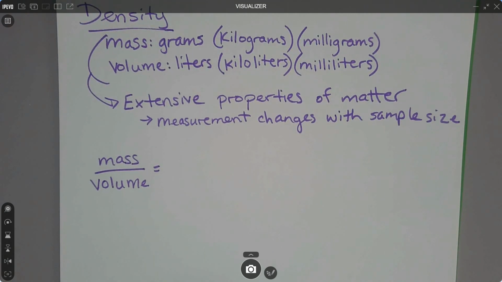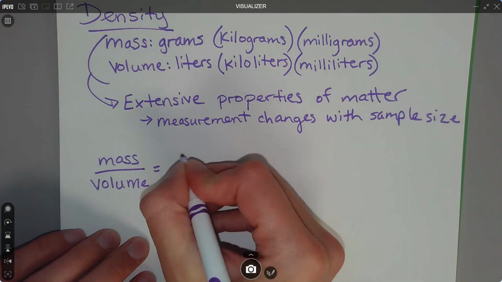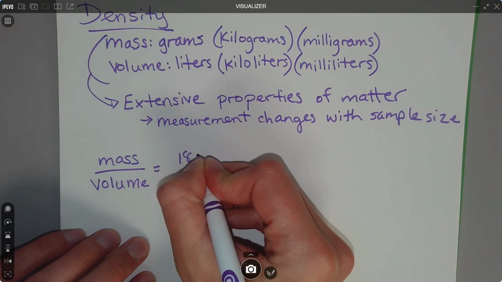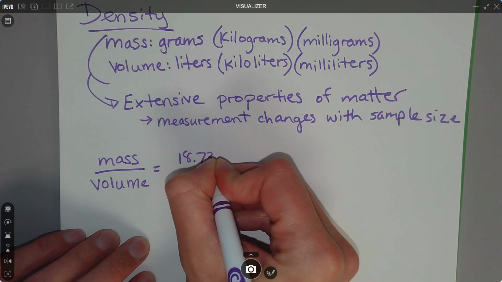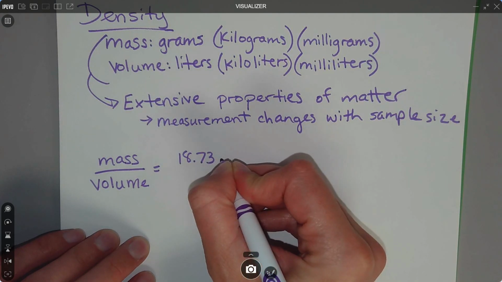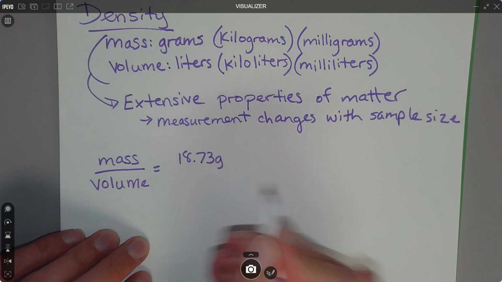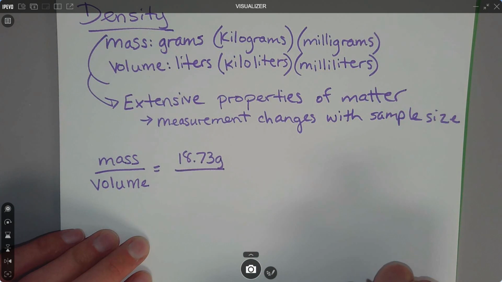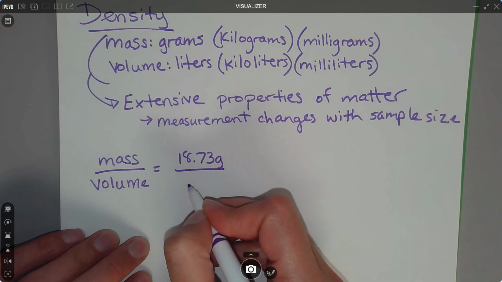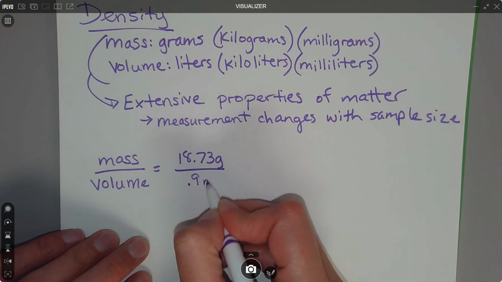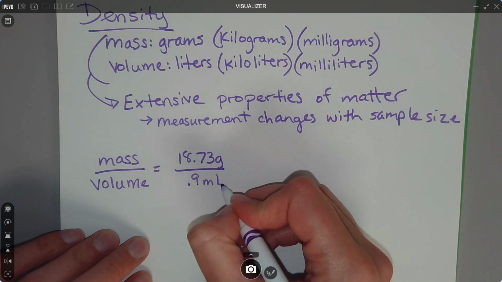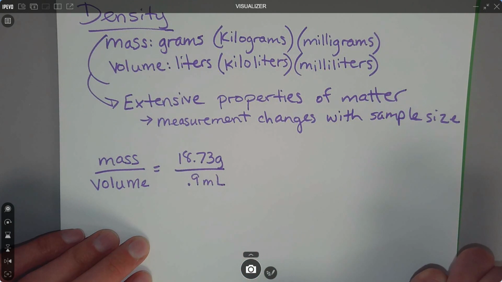Look at your data page for a second and give me a mass of an object. 18.73. And that's what unit of measure? Grams. And what was that object's volume? 0.9 milliliters. That must be like styrofoam or something. No, that's not styrofoam. Okay, so there we go.